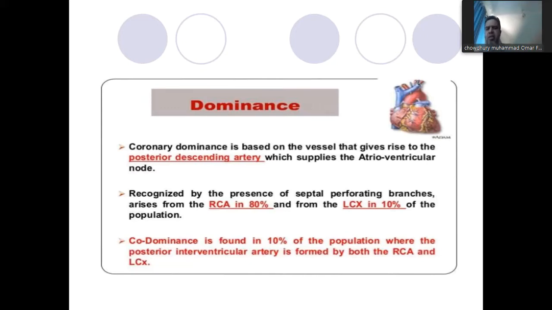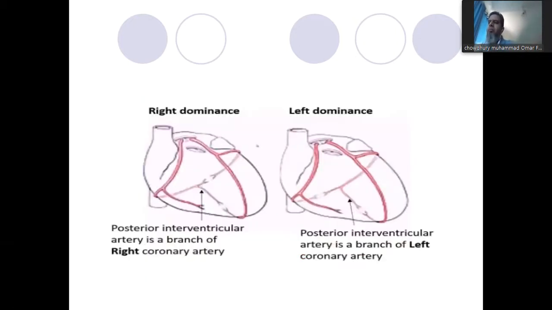Codominance is found in 10% of the population, where the posterior interventricular artery is formed by both the RCA and LCX. This is shown here: in right dominance the posterior interventricular artery is a branch of the right coronary artery, and in left dominance it is a branch of the left coronary artery.